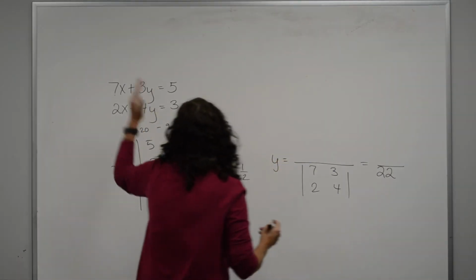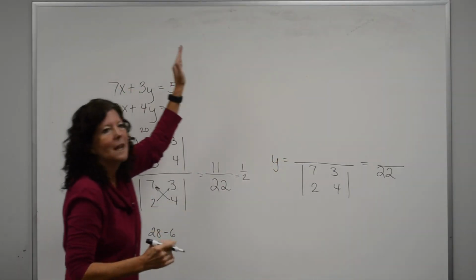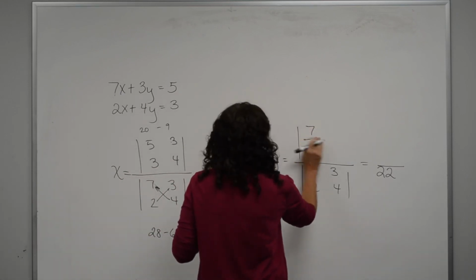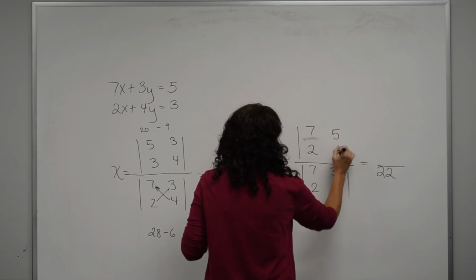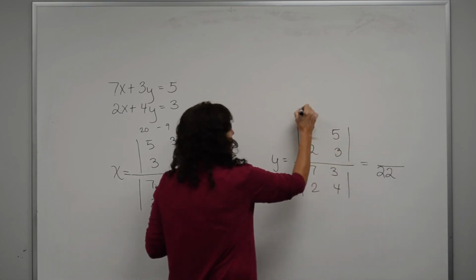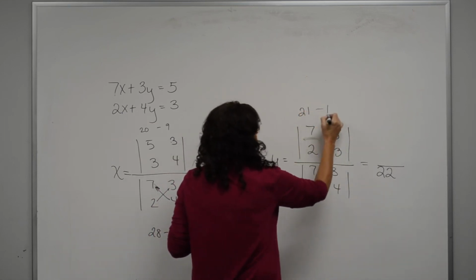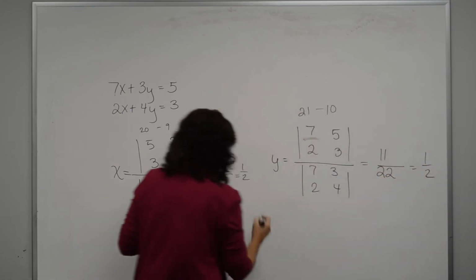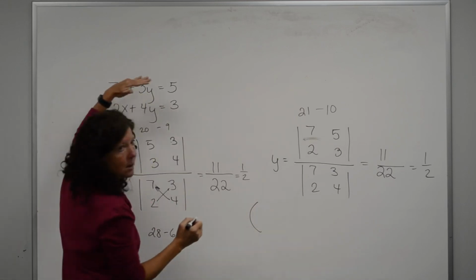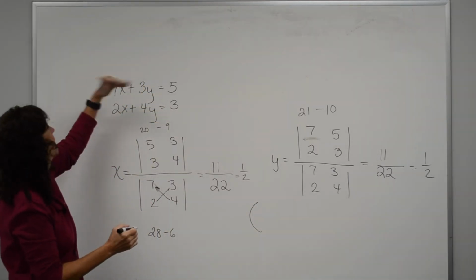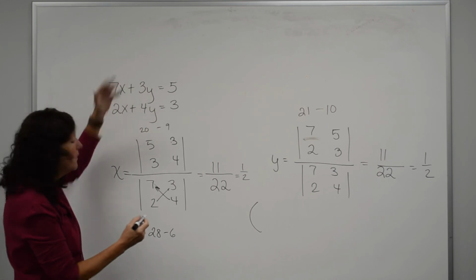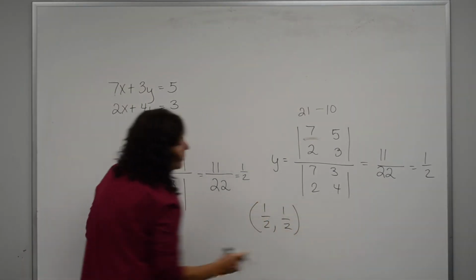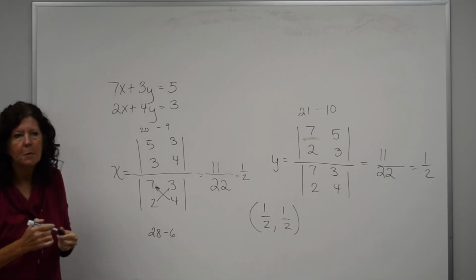Now, for the y, it's the first column and the last column. So it's 7 and 2, and 5 and 3. So it's 21 minus 10, which is also 11. So that's going to give me 1/2. So the point that these two cross at, if I were to do elimination on them, graphing, or substitution, is 1/2, 1/2. You remember?